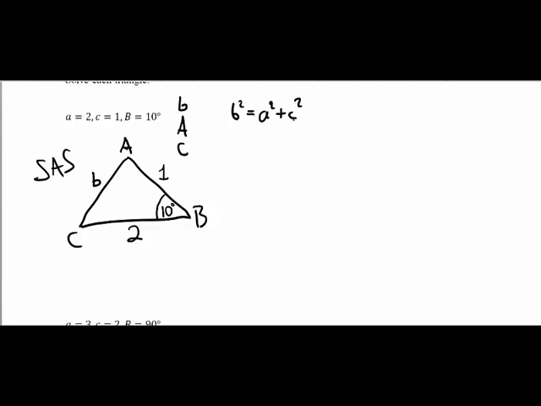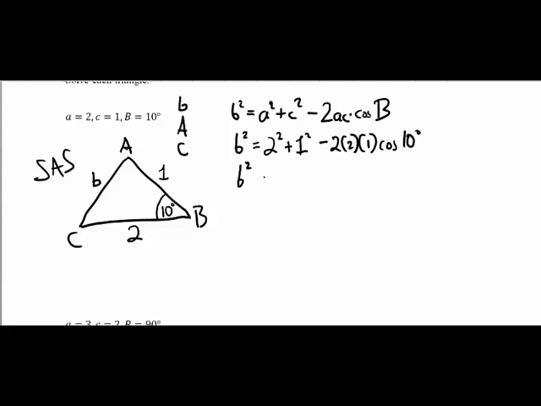B squared equals A squared plus C squared, except that I'm starting with B instead of the usual A. I am then going to subtract 2AC times the cosine of B. Now I'm going to plug in what I know and solve for B. So my A is given, the letter C is also given, these are my side lengths, and I get to use that again here and here. And I do know my angle for B, so here's my algebra.